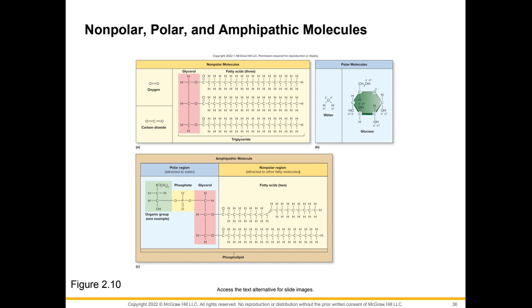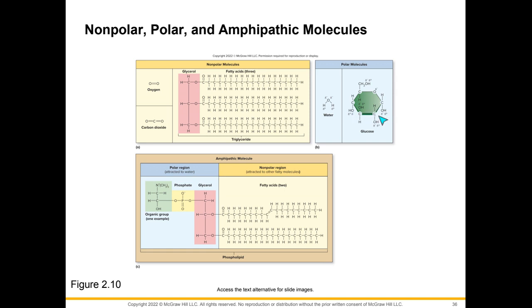So in other words, what does the cell use cellular respiration for, right? To break down glucose completely to generate ATP, for example. Okay, so as a way of reviewing what we just talked about, keep this in mind: there are some molecules that are considered nonpolar, and some molecules considered polar. A good example of a polar molecule is water and glucose.